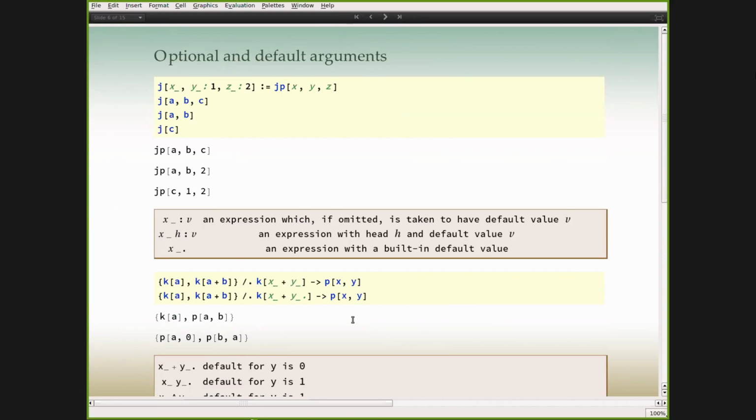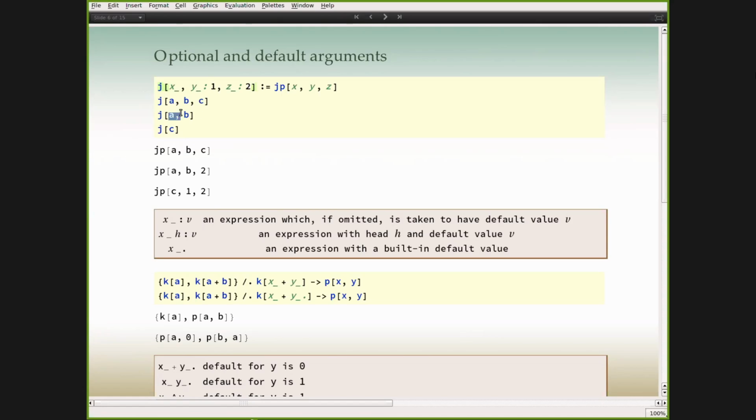Okay, we have some more possibilities for defining arguments in Mathematica. First, we can have default values for arguments. In this case, the argument becomes an option. So if you don't provide these arguments, then they will take the default values 1 and 2. For example, J of ABC is substituted.